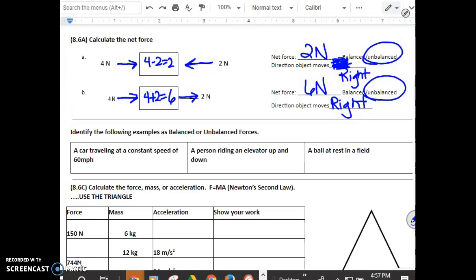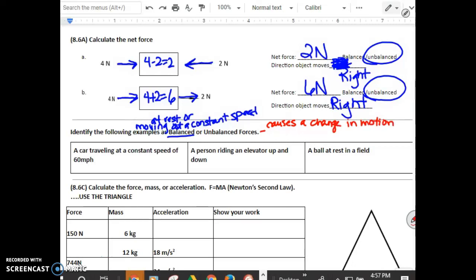Identify the following examples as balanced and unbalanced. So what we know about balanced is that it is either at rest or moving at a constant speed. If it is considered unbalanced, that means it causes a change in motion.